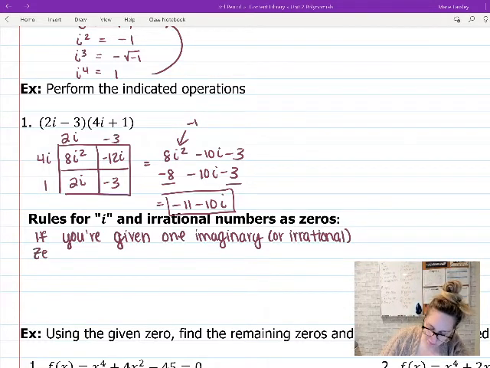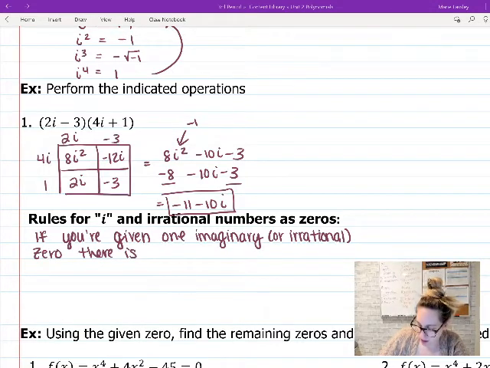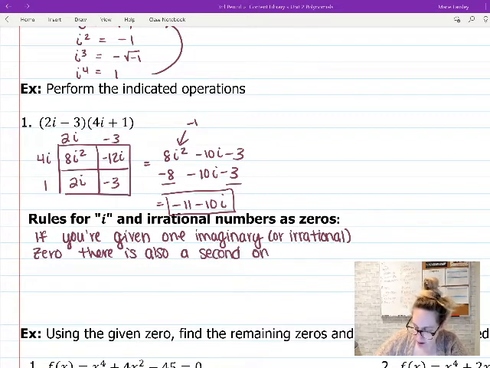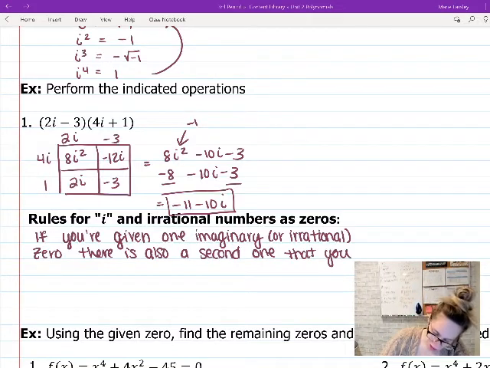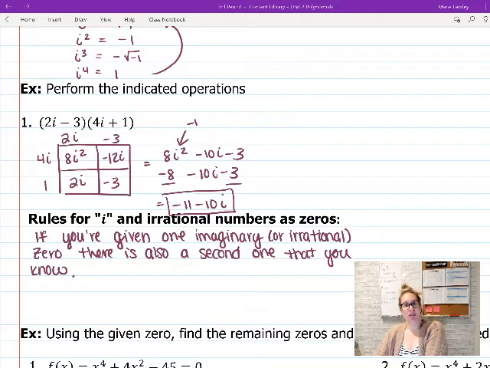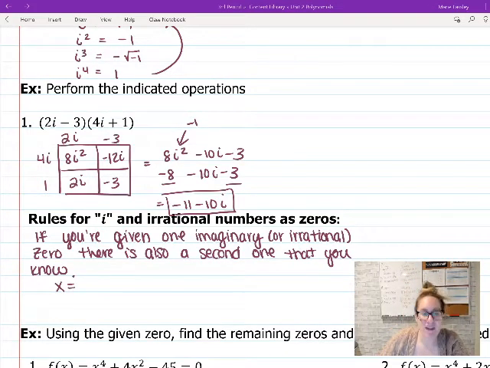Zero. There is also a second one that you know. All right, so what that means is, say the problem said one of my zeros is x equals the square root of 3.